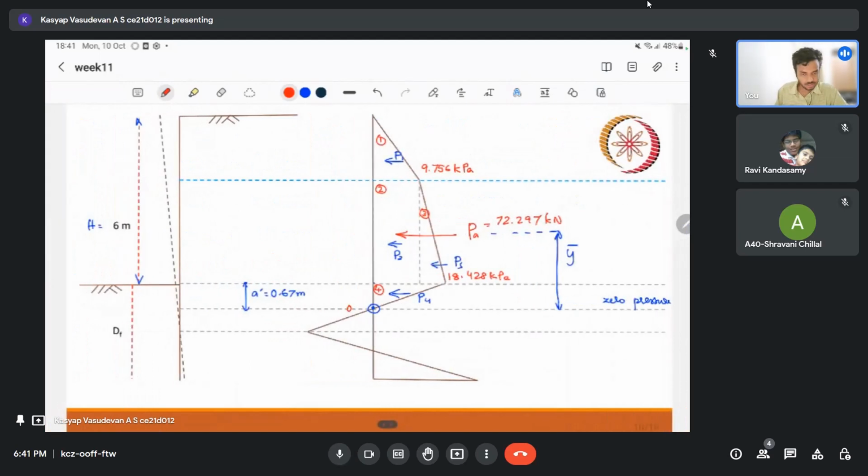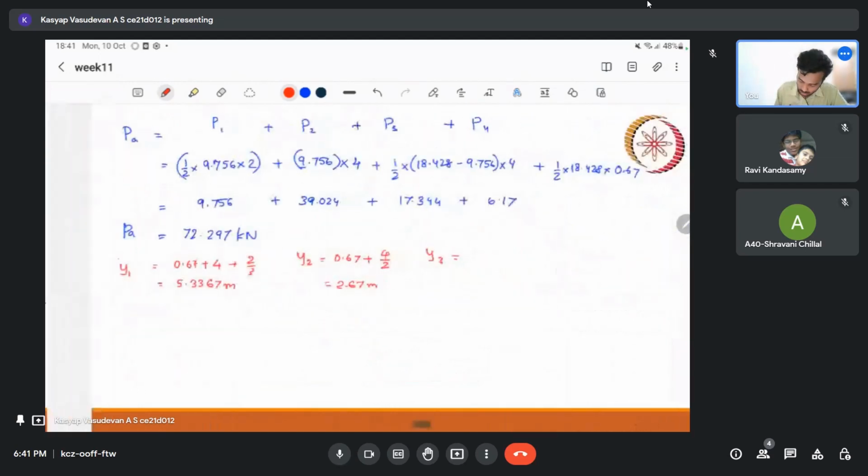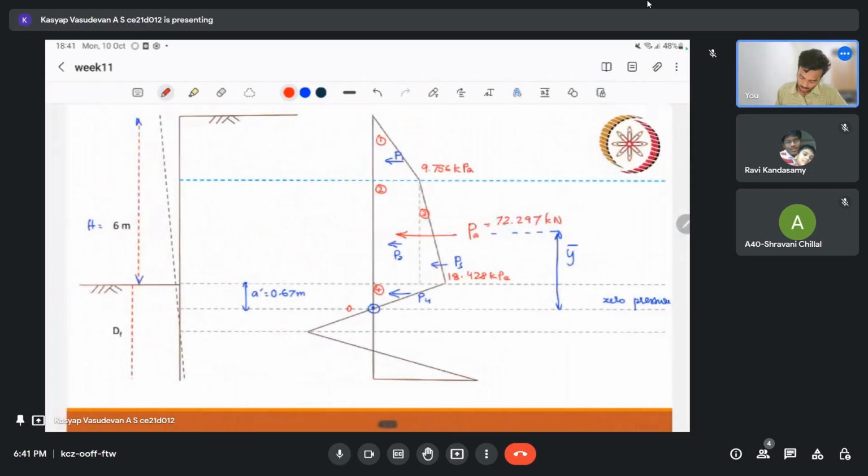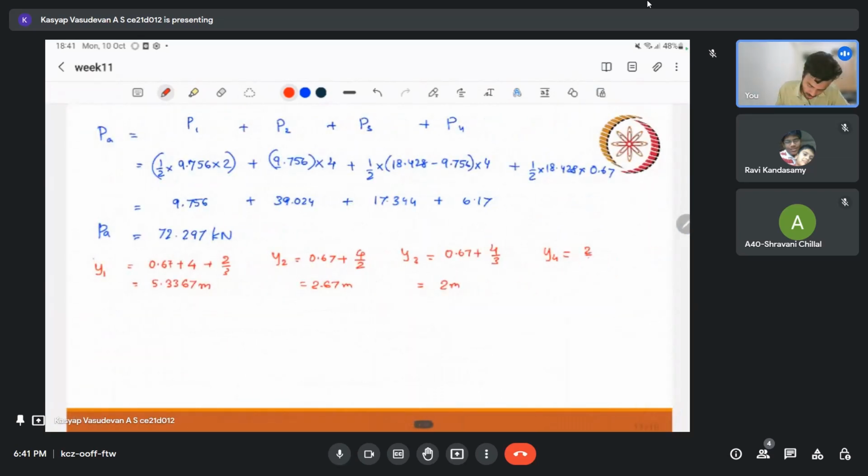That triangle is 0.67 plus 4 by 3, so that will be 2 meter. And y4 will be just 2 by 3 of this height, so 2 by 3 into 0.67, that is 0.4467. So we have all the heights of each force.